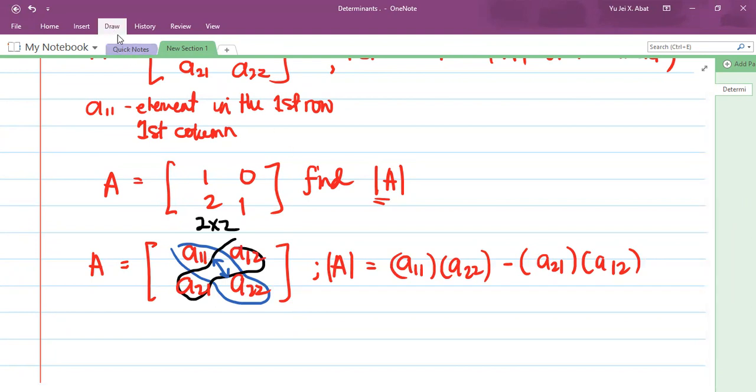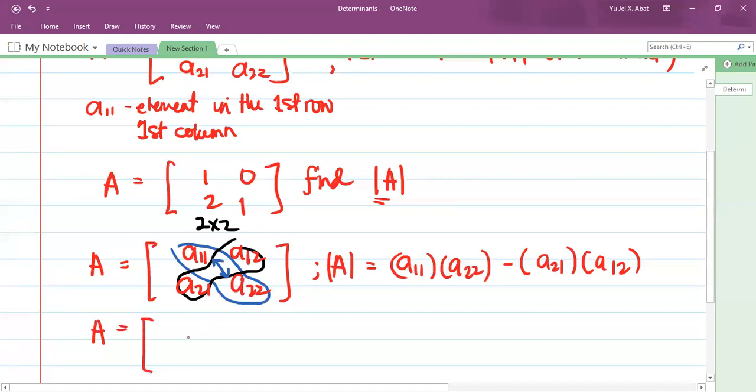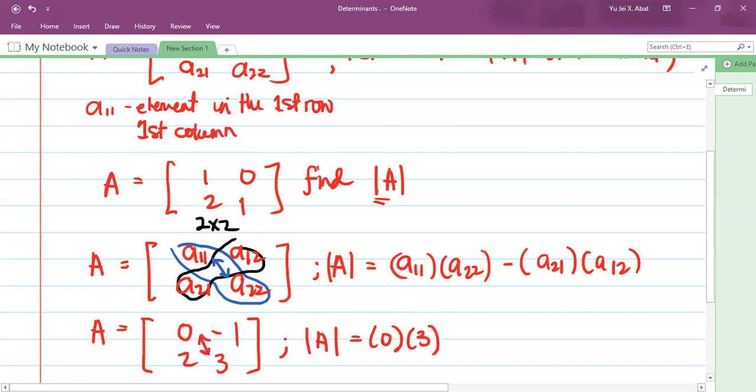For example, we have matrix A: 0, negative 1, 2, 3. To calculate the determinant of that matrix, that would be 0 times 3, and then minus, always minus, the product of the other diagonal, that is 2 times negative 1.